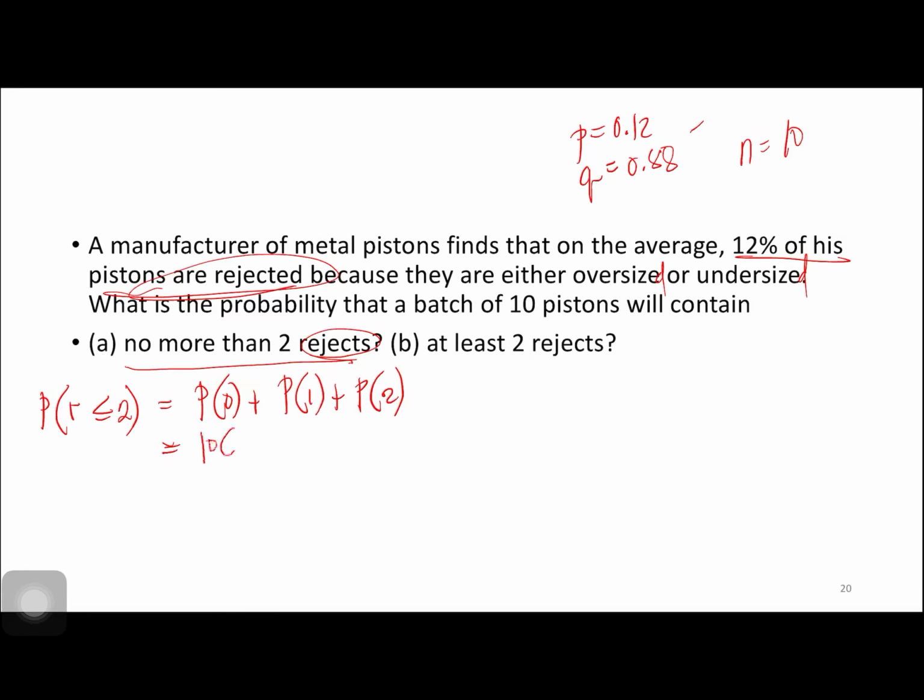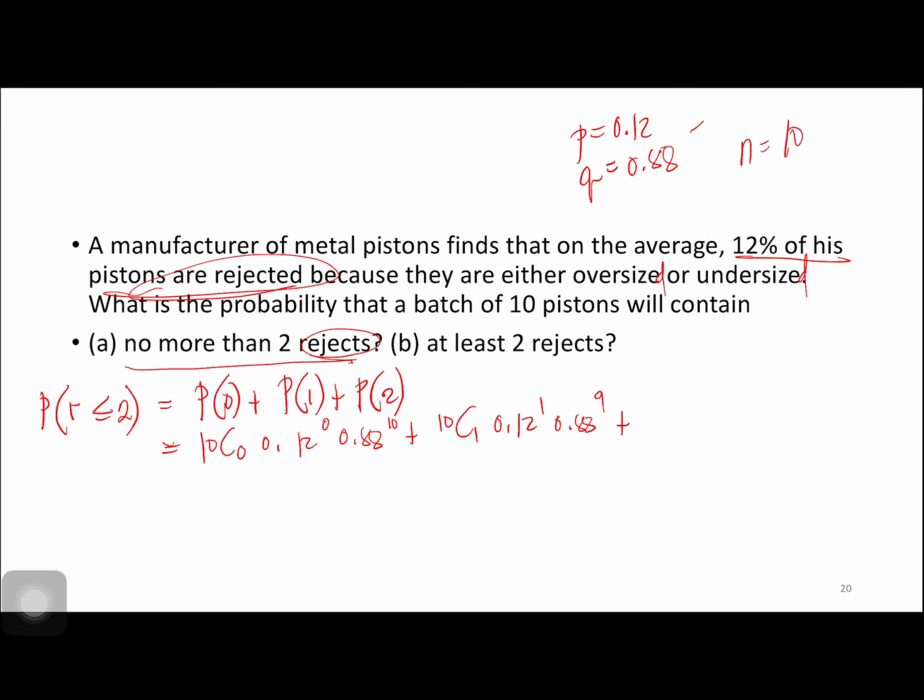We have 10C0 times 0.12 raised to 0 times 0.88 raised to 10 plus P of 1, that is 10C1 times 0.12 raised to 1 times 0.88 raised to 9. Plus, what about P of 2?